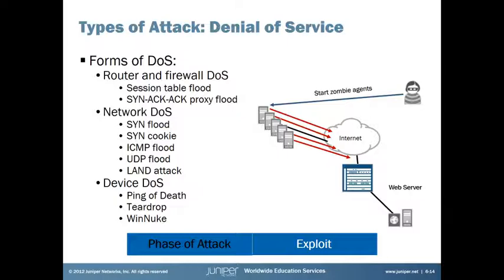So forms of DOS attacks is a range of them, but router and firewall DOS attacks include session table floods. So what does that mean? Well, in our firewall device, whenever we have a new connection, we create an outgoing flow and an incoming flow. Those two flows will create a session. That session is recorded in the session table. Well, the session table has a finite amount of memory that it can use to populate that table with sessions.